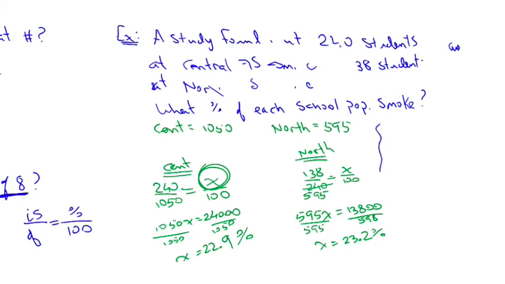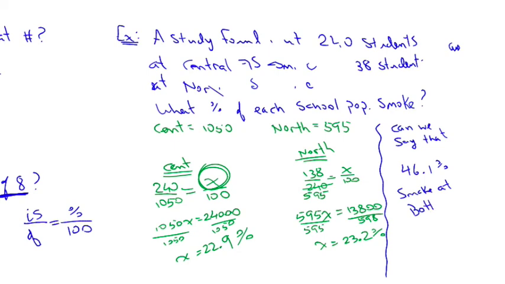All right, so a little question added on to this. Can we say that 46.1% smoke at both? No. Why can't we say that? Can't you just take percents and add them together? No. With percents, you have to be really careful. There's things that you can do with them, and there's things that you can't.